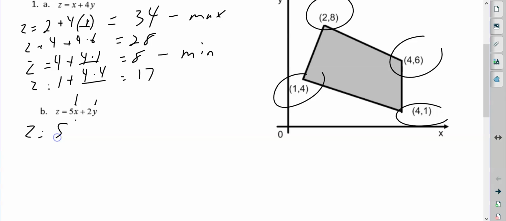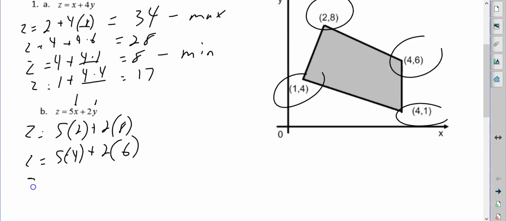Z equals 5 times 2 plus 2 times 8. Z equals 5 times 4 plus 2 times 6. Z equals 5 times 4 plus 2 times 1. Z equals 5 times 1 plus 2 times 4.